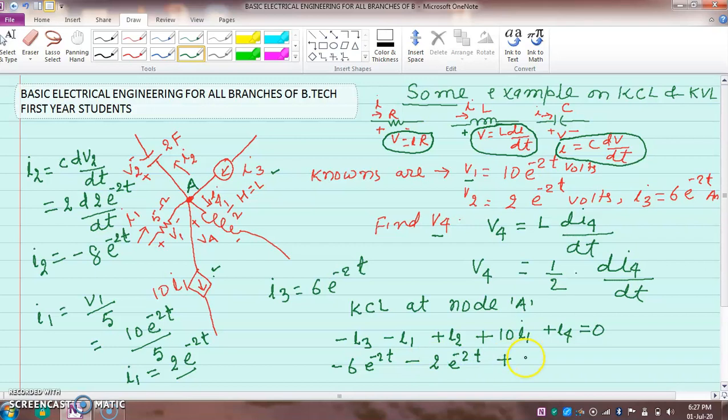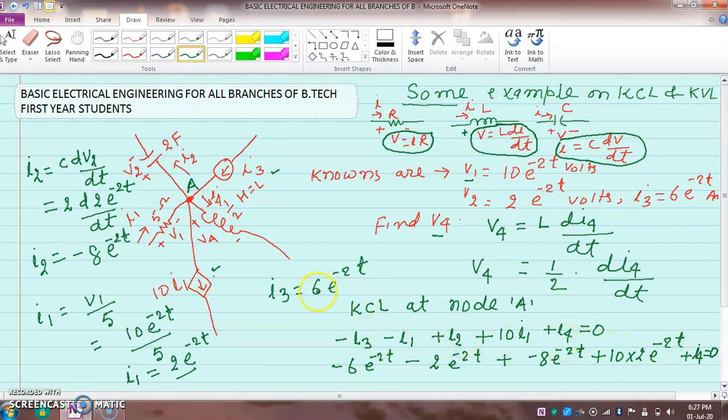I2 is how much? I2 is minus 8 e to the power minus 2t plus 10 multiplied by I1. I1 is how much? 2 e to the power minus 2t plus I4 equal to 0.